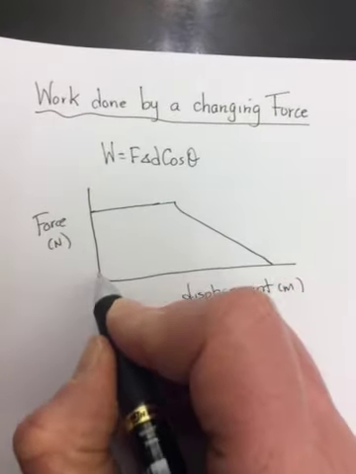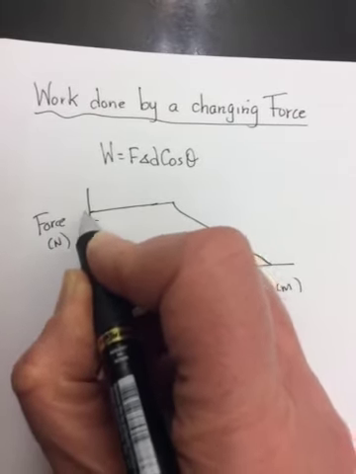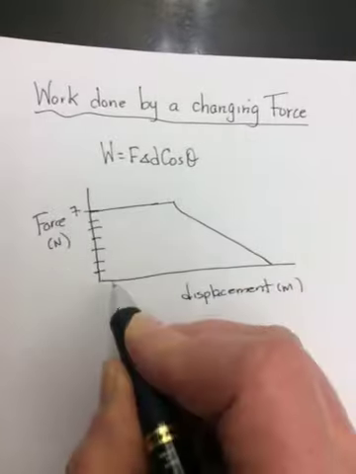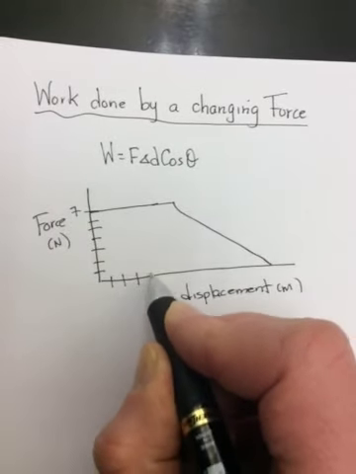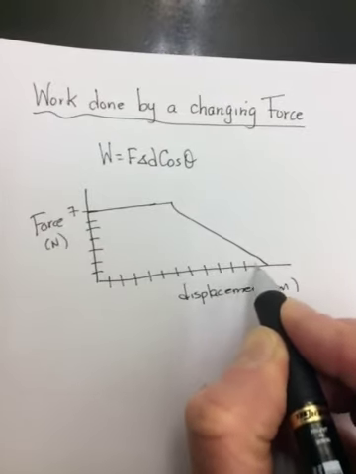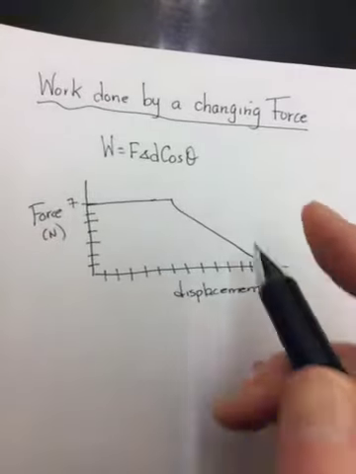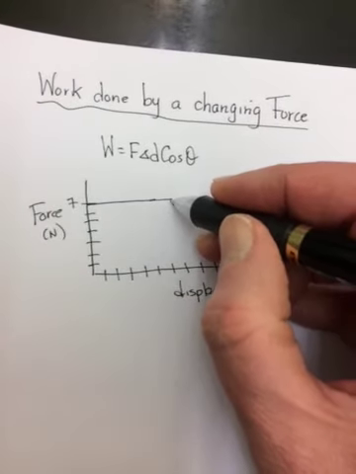Okay, and so let's see, 1, 2, 3, 4, 5, 6, that'd be 7. And 1, 2, 3, 4, 5, 6, 7, 8, 9, 10, 11, 12, 13. So what you do is find the area underneath the curve.